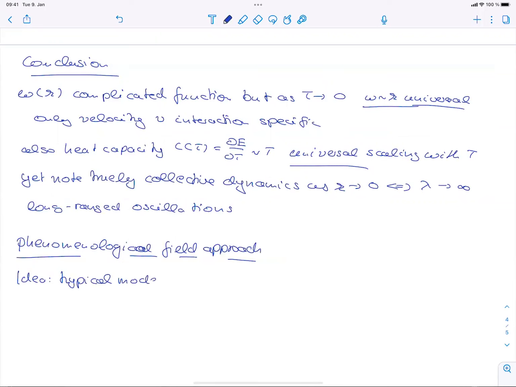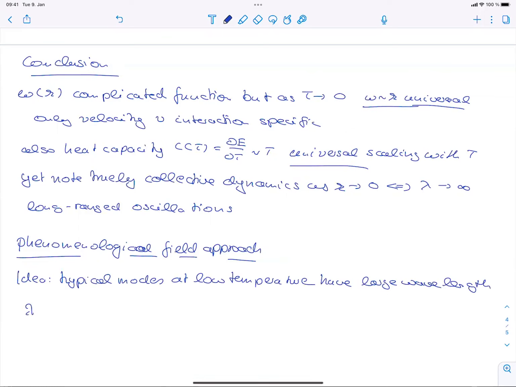So the typical modes: low temperature, large wavelength.